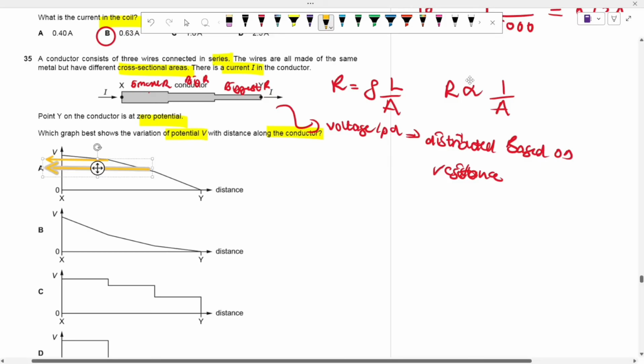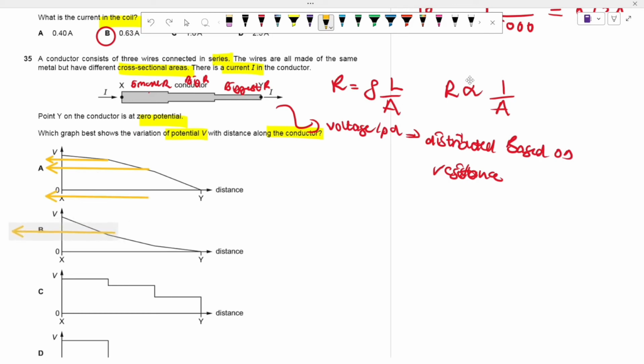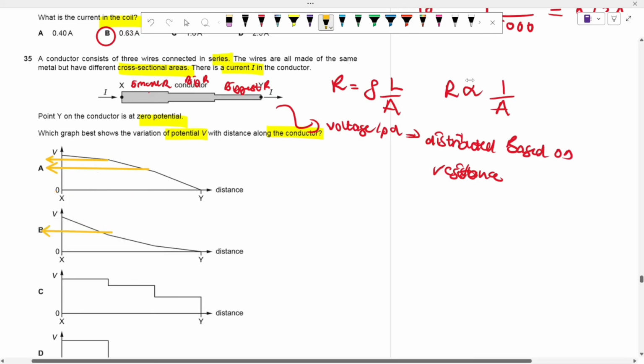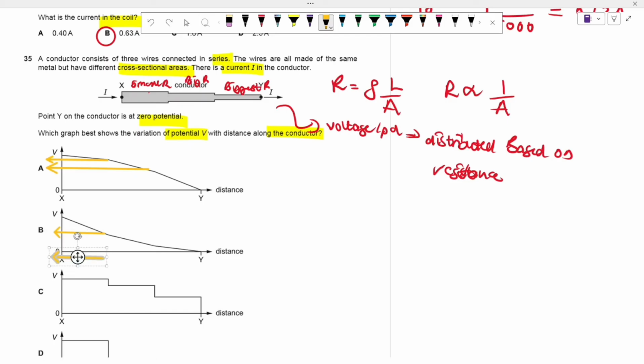If I go to B, from this point to that other point, that is again another drop that I'm going to experience.